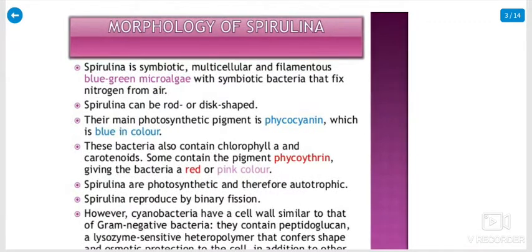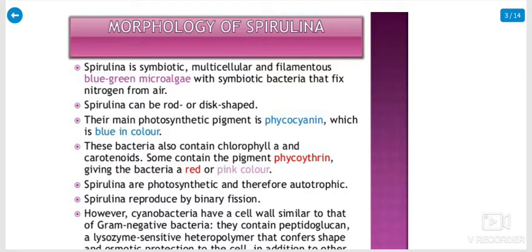The morphology of spirulina, that means the outer structure of this spirulina. Spirulina is symbiotic, multicellular and filamentous blue-green microalgae with symbiotic bacteria that fix nitrogen from the air.